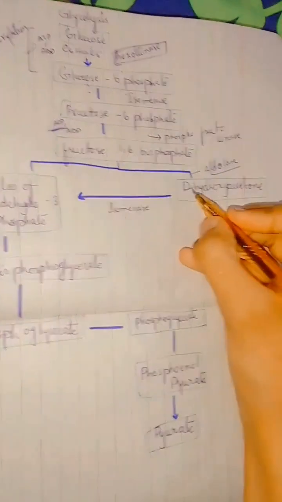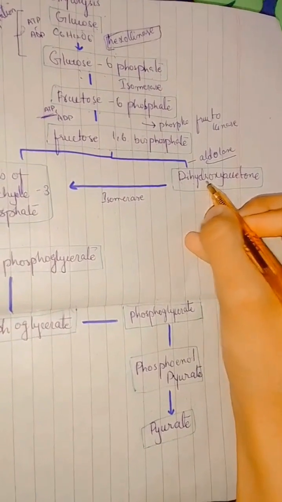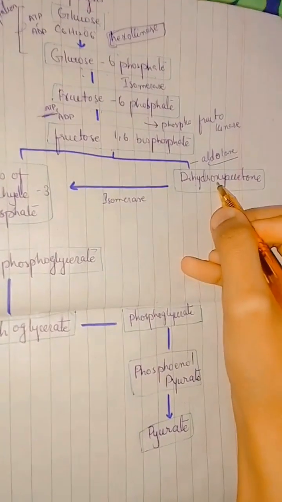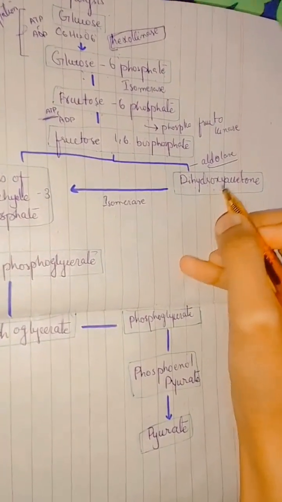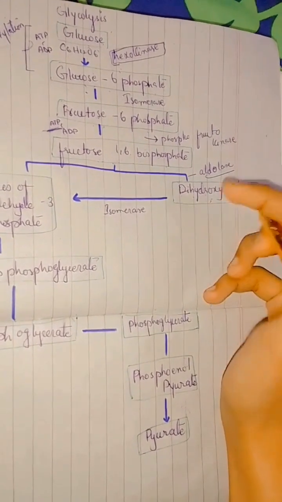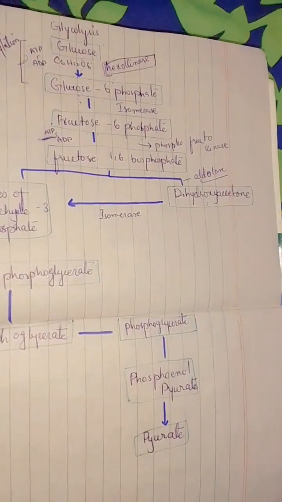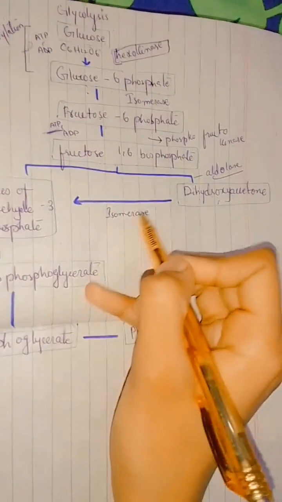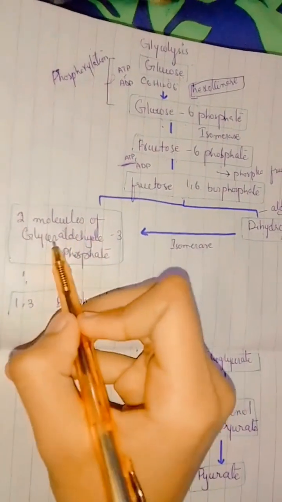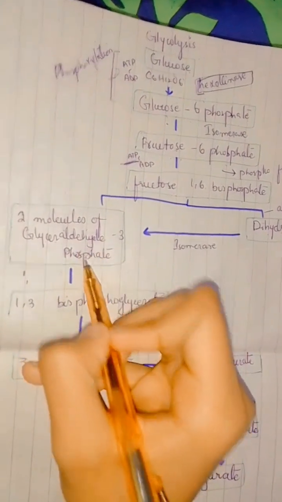Now first of all, dihydroxyacetone is formed here. Then, through isomerization, it is converted into two molecules of glyceraldehyde 3-phosphate.